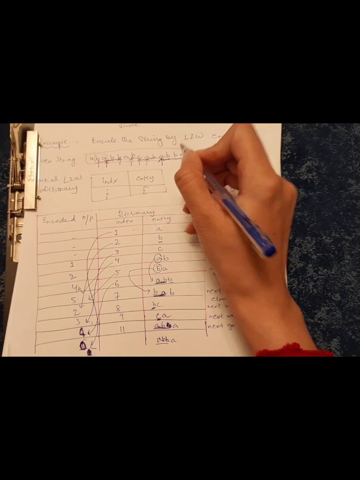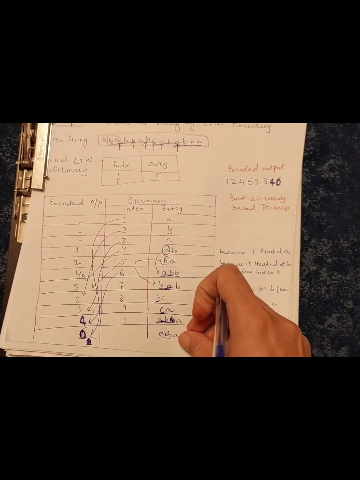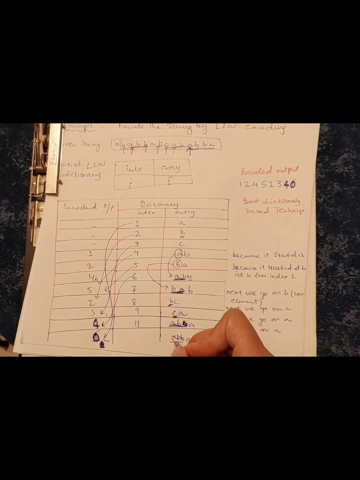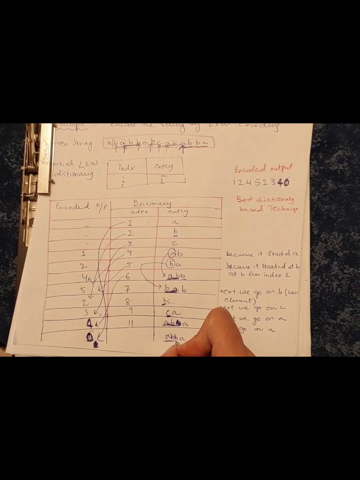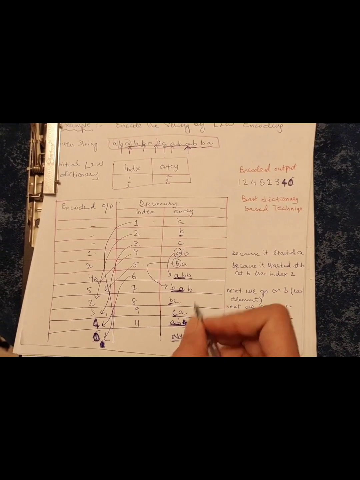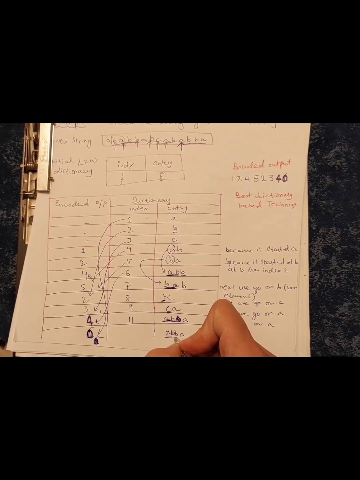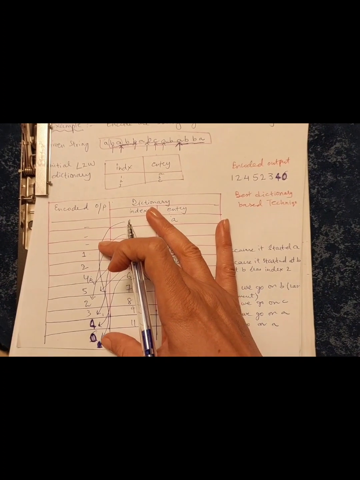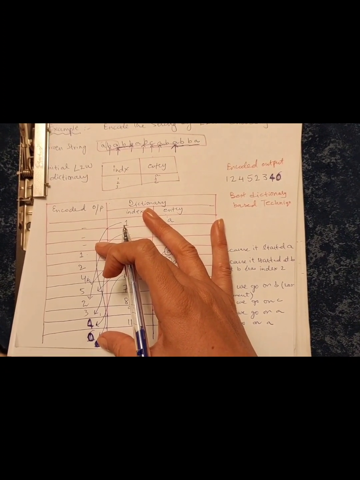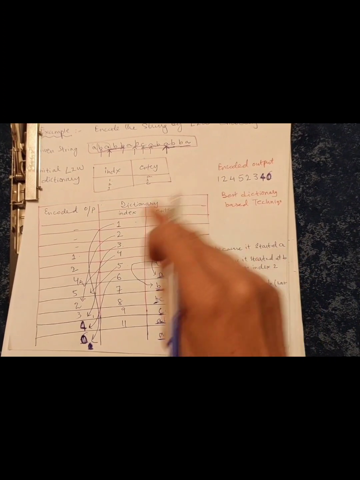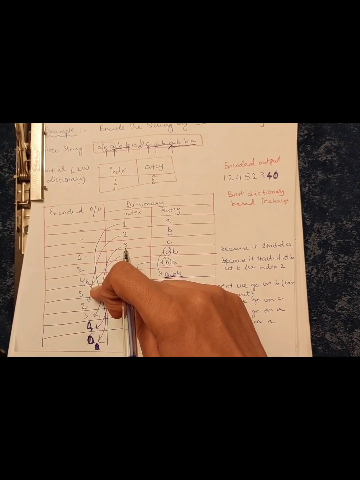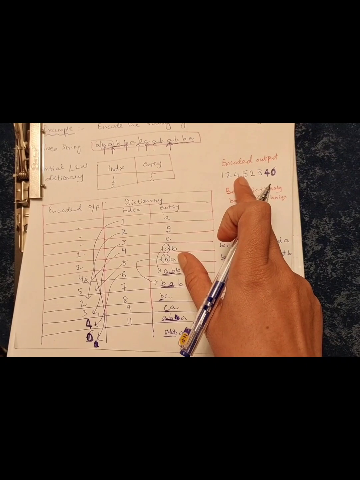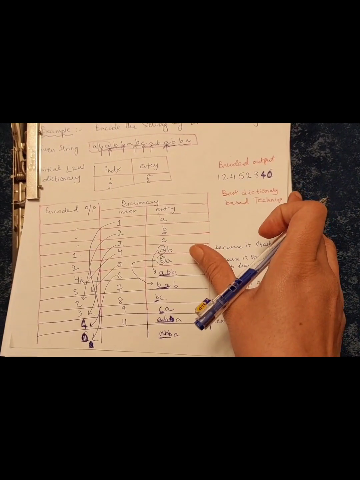So you will consider this complete mini string ABBA, and the first element of the string is ABB, and the index of ABB is 6, so 6 will come here. So now this is your encoded output, so you will write it down here: 1 2 4 5 2 3 4 6.